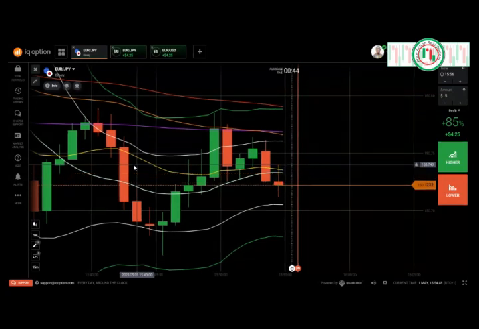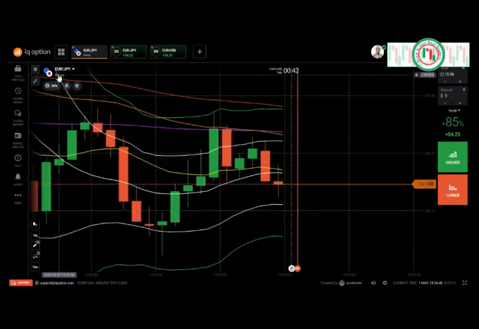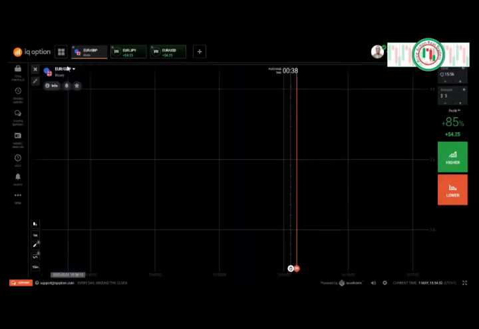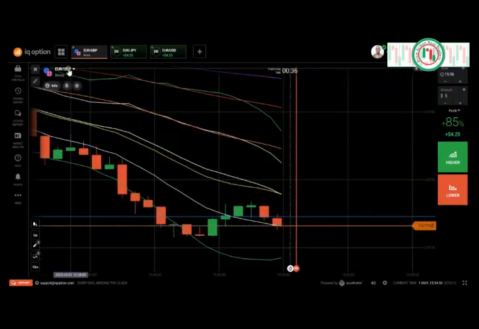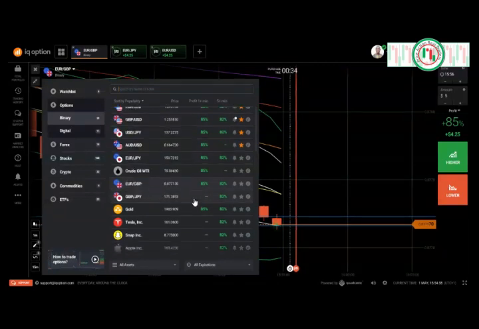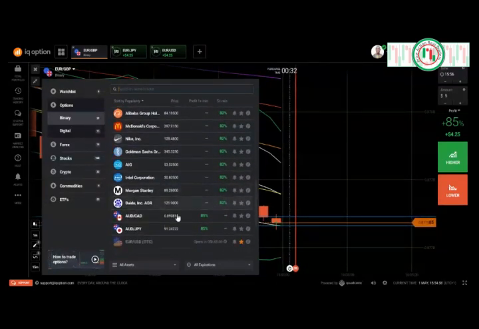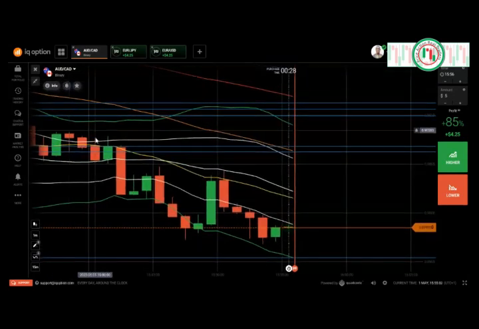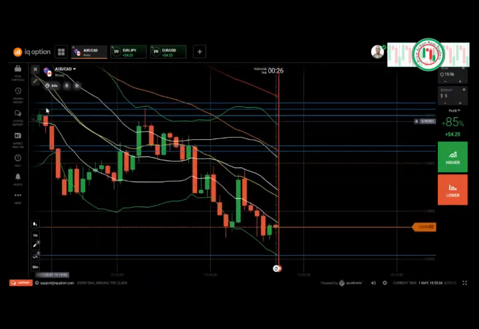You know, sometimes you can get a quick chance, sometimes you have to be patient. That's the situation of the market, especially if you are trading zone. Let's see these ones. No.